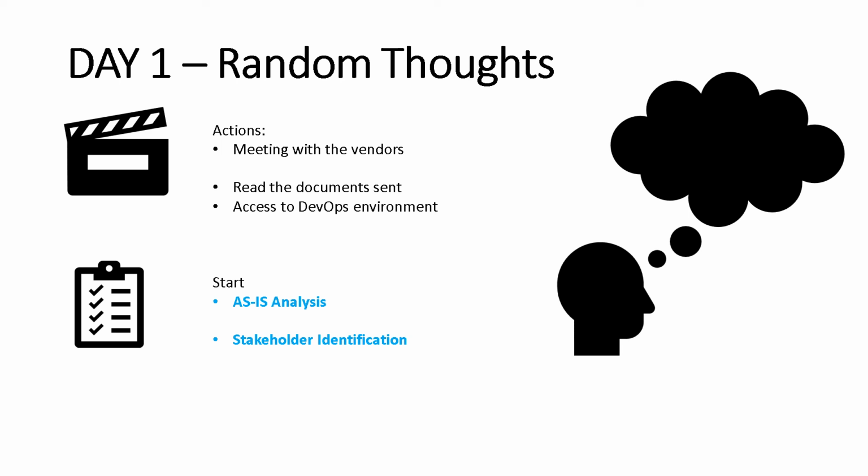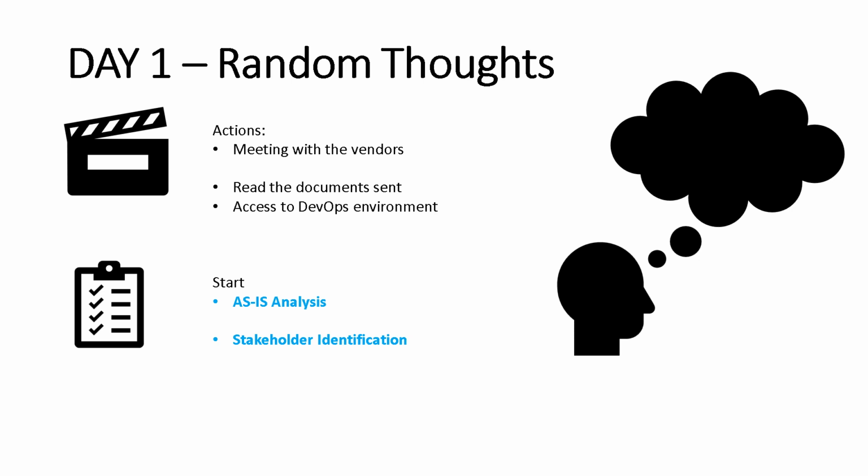Deal with the ones less than 10 pages, then follow up with the program documents, and then product level documents. And because the vendors have started development, I'm quite keen to have access to the DevOps environment. So I'm going to be nagging my line manager to ensure I get the access as soon as possible.